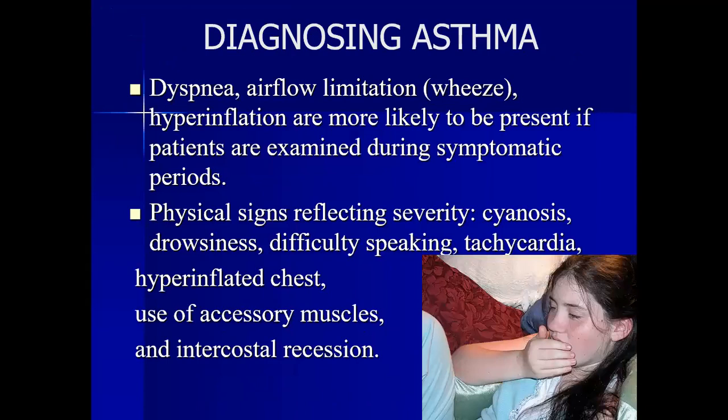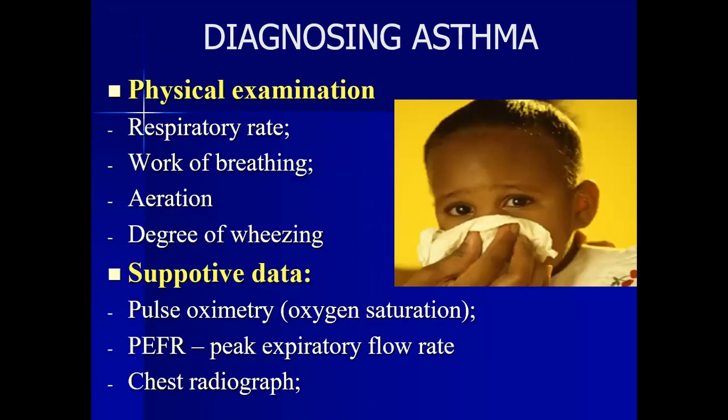Dyspnea, airflow limitation, and hyperinflation are more likely to be present if patients are examined during symptomatic periods. Physical signs reflecting severity: cyanosis, drowsiness, difficulty speaking, tachycardia, hyperinflated chest, use of accessory muscles, and intercostal retraction during breathing.